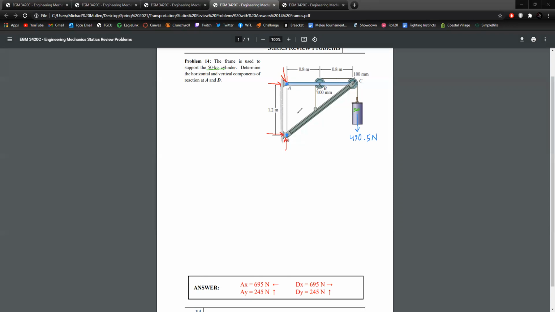So for this one, it's going to be difficult to do moments for the entire diagram with what we're given, so we can go ahead and start pulling pins to break this up into smaller pieces. We can go ahead and start by pulling the pin at C and separating this into AC and DC.